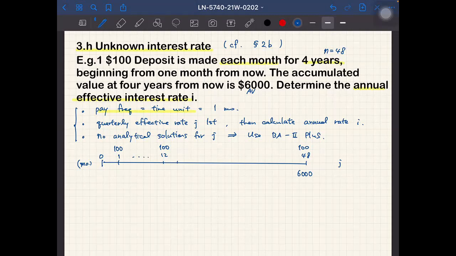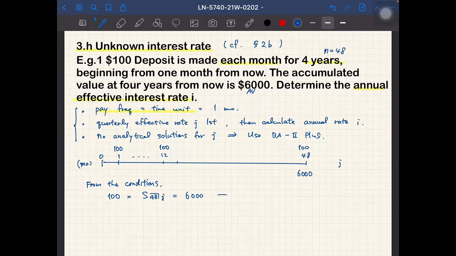Now from this time diagram, from the conditions, $100 times s angle 48 at J is equal to 6,000.